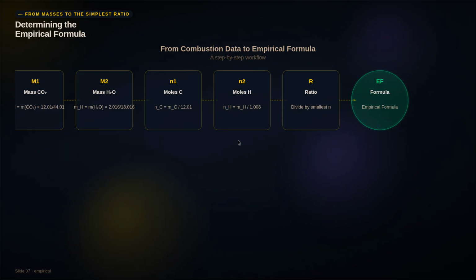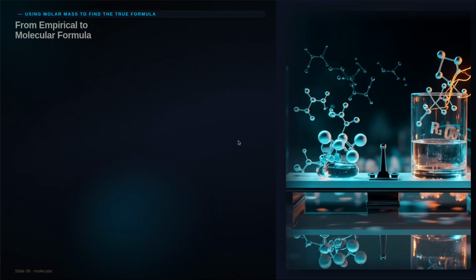The mass of oxygen is 0.200 minus 0.120 minus 0.0201, which equals 0.0599 grams. Converting to moles, carbon is 0.0100, hydrogen is 0.0199, and oxygen is 0.00374. The smallest value is 0.00374. Dividing gives us the ratio needed to determine the empirical formula.